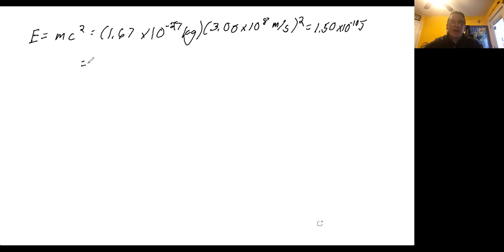In mega electron volts, you're dividing that by 1.6 times 10 to the negative 13, because that's the mega electron volts in a joule, and you get 939 mega electron volts. So that's the rest energy in mega electron volts of a proton.